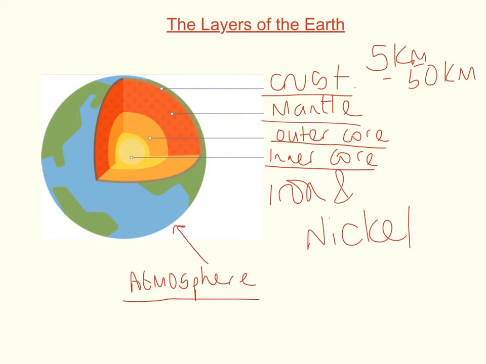The mantle is around 2,900 kilometres thick and has all of the properties of a solid, except that it can flow very slowly in convection currents. These convection currents are caused by the large amounts of heat that is produced by radioactive decay in the core below. Take a moment now to annotate your diagram.